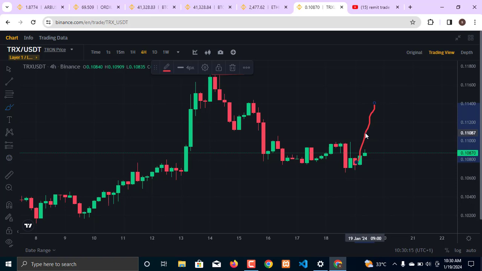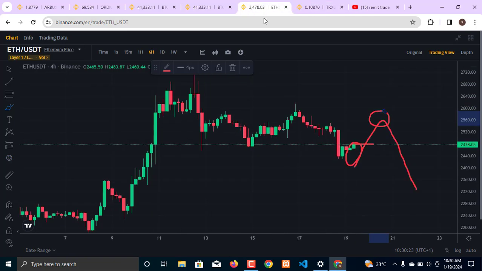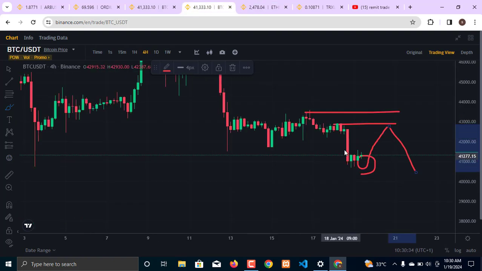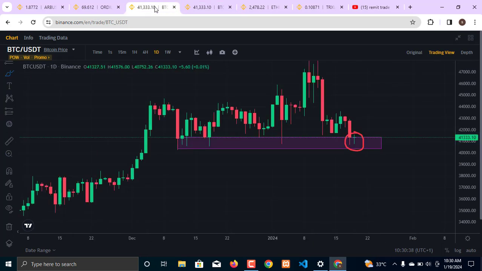So a recap of today's video is that for TRX, the market is going to move upward, and I'm going to monitor the way the market approaches our target. And on ETH right here, look for a short opportunity after this very retracement that is coming to the market right now. The same thing for BTC, the market is going to retrace, look for a short opportunity, and right now the market is at this very level of important support. On the 1-day chart, the market is going to stay here for a while, or we see a breakout.